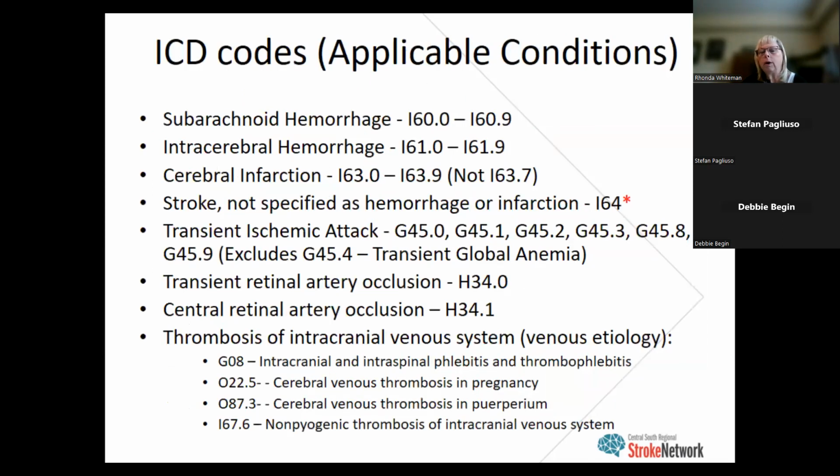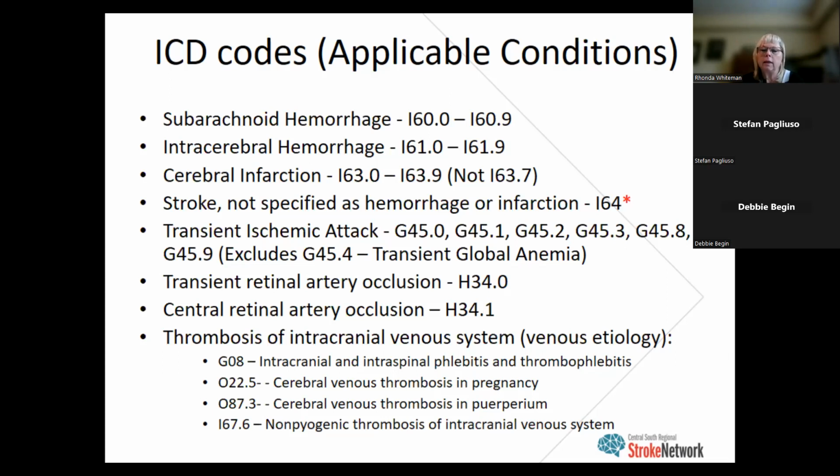As you know, the special project codes need to be completed for ICD codes of the applicable conditions: subarachnoid hemorrhage, intracerebral hemorrhage, cerebral infarction, and I63.9, stroke not specified as hemorrhage or infarction.